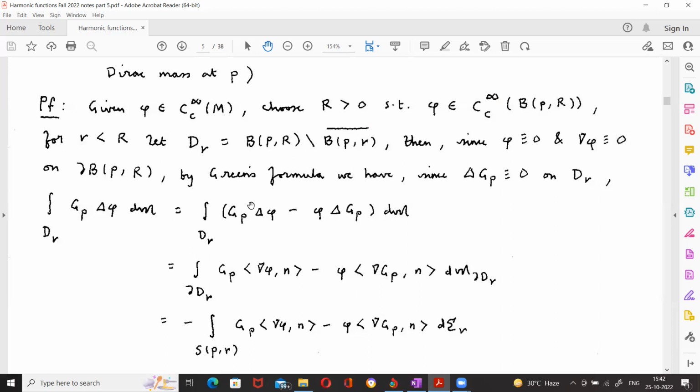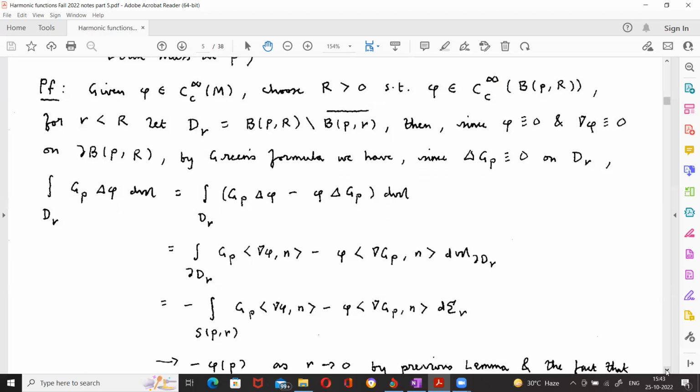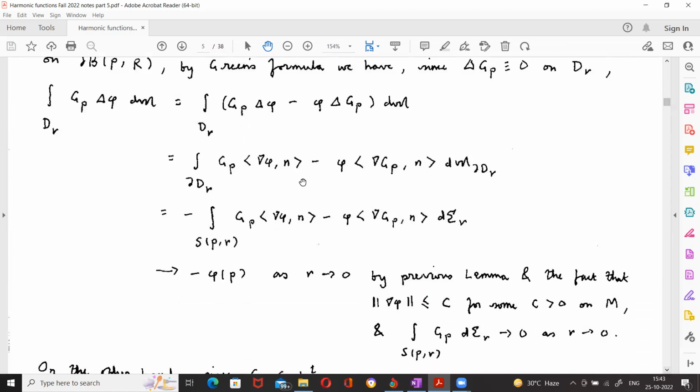Now I apply Green's formula. So this is the integral over the boundary of the annulus of g_p grad phi inner product n minus phi grad g_p inner product n. And as we observed, the integral over the big sphere is 0, because both grad phi and phi are 0 on the big sphere.